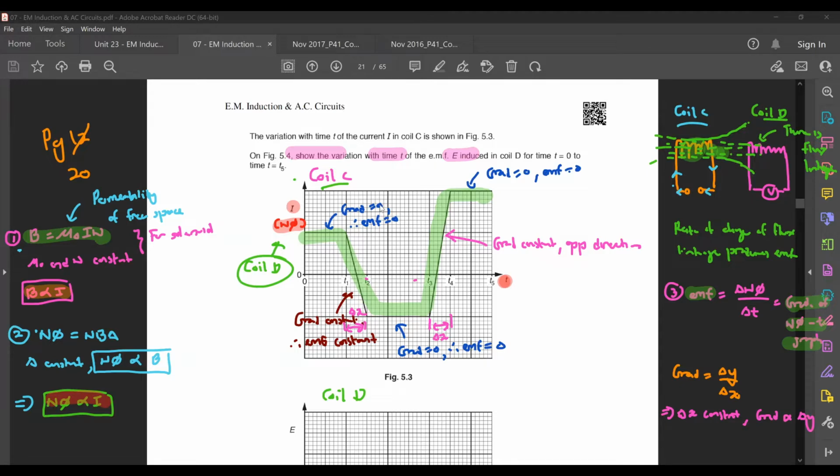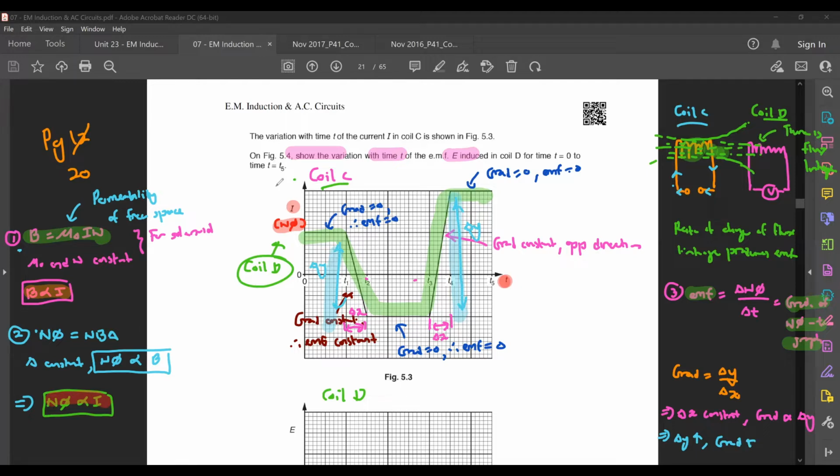So now when I look at the changes in y, this one is the change in y, and this one is the change in y. I can clearly see that this length here is longer than this length. So since this change in y is larger, this gradient is larger.